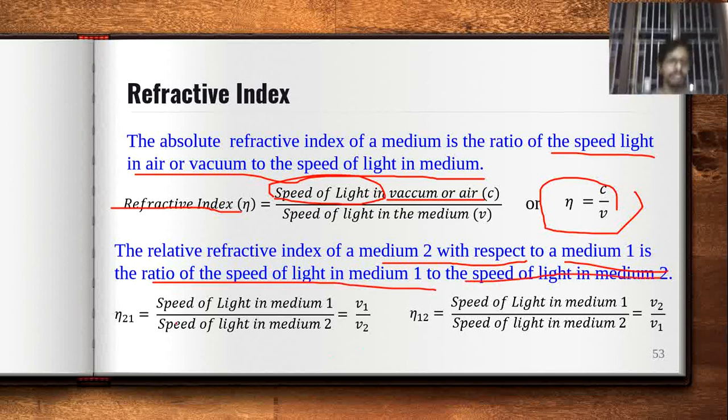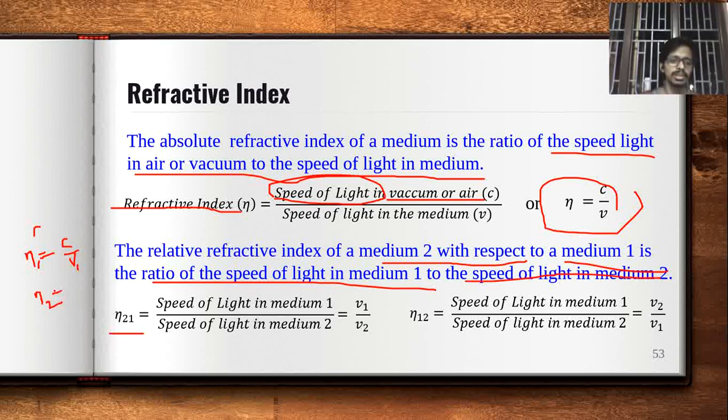How? Let us consider eta 21 is the speed of light in medium 1 to the speed of light in medium 2, that is V1 upon V2, and eta 12 is V2 upon V1. Suppose I consider air. So what is eta 1? Eta 1 will be C upon V1, right? What will be eta 2?